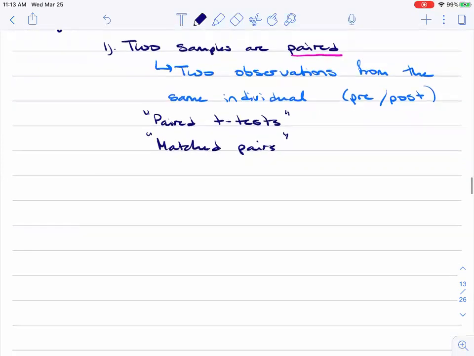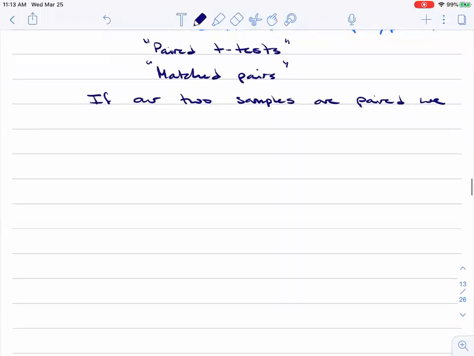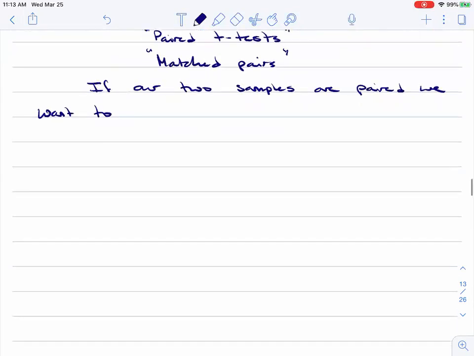And so if our two samples are paired, we want to capture that in our calculations.